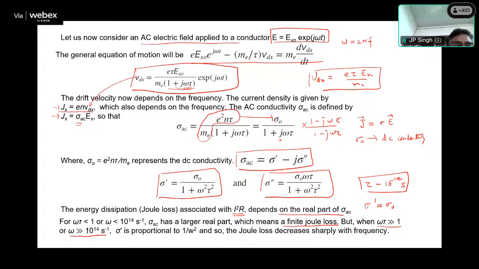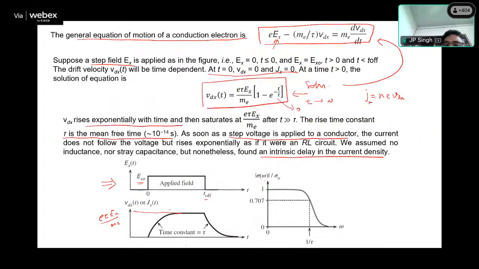When omega tau is larger, you can get from here that sigma prime will be almost like sigma naught over omega squared tau squared. So the real part of the AC conductivity will decrease as a function of frequency, which means the Joule loss will also decrease sharply with frequency.